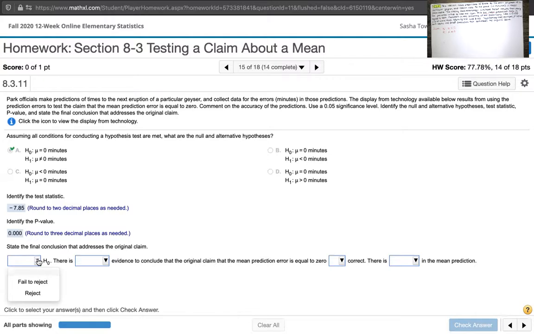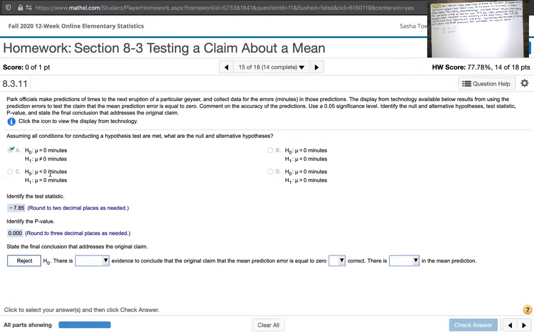So if something that is extremely unlikely given that the null hypothesis is actually true is actually happening, according to the rare event rule, we say maybe that initial assumption that the null hypothesis is true is wrong. So we're going to reject the null hypothesis.